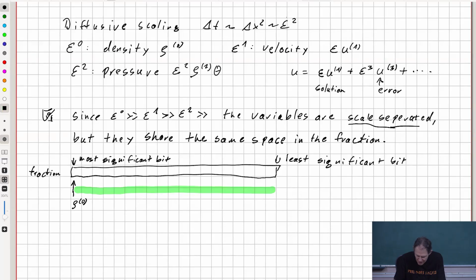So then there is something smaller by epsilon. So this is U1, yeah? U1 is by definition smaller than rho 0. So this thing can occupy this amount of memory.